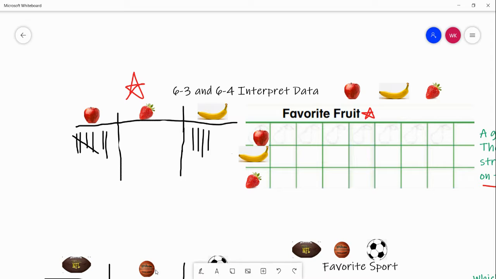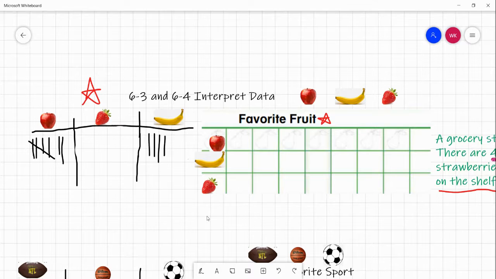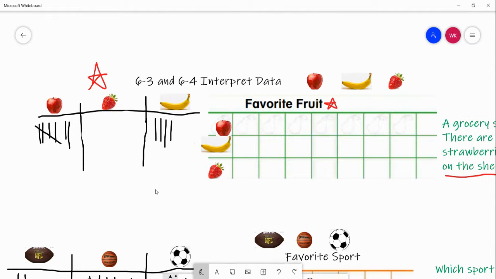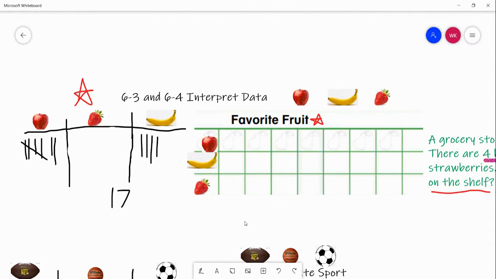Now we have 4 tally marks for bananas, 7 tally marks for apples, and we're trying to figure out how many strawberries there are. But there are 17 fruits on the shelf in all. So I'm going to start with our picture graph now. Since we already know our apples and our bananas, I'm going to put my pictures into our picture graph.